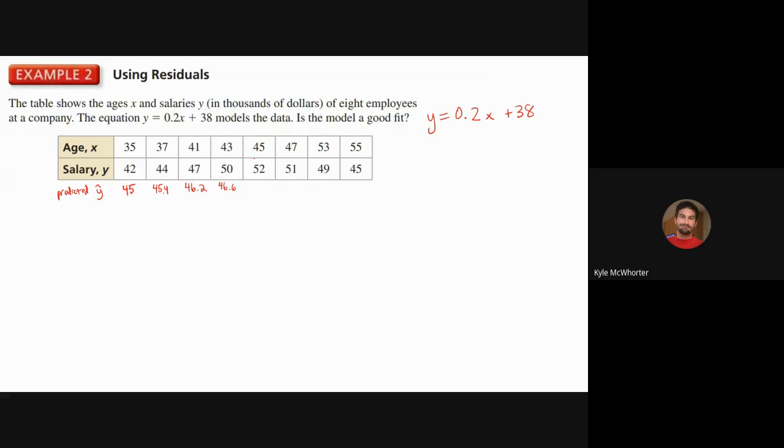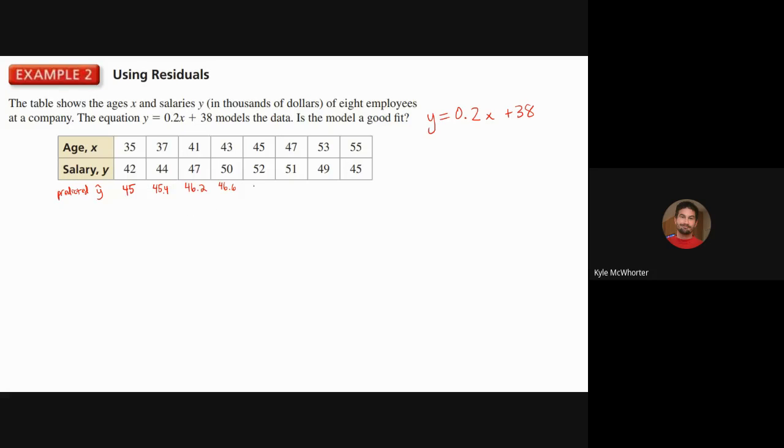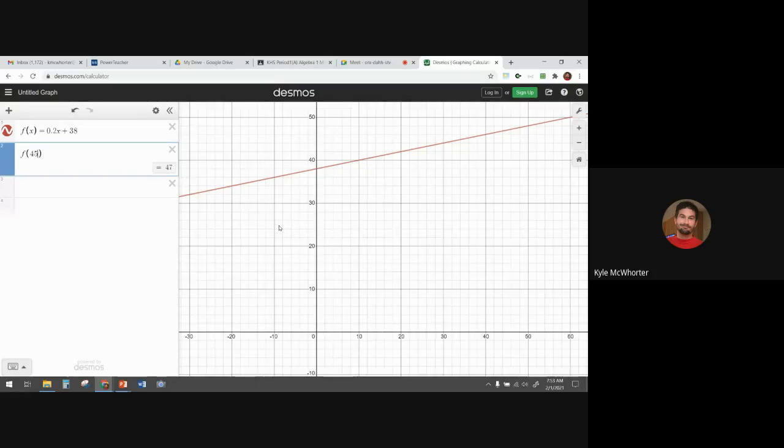Then 45. F of 45 is 47. Then 47. F of 47 is 47.4.